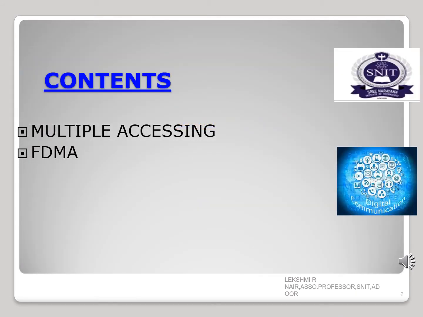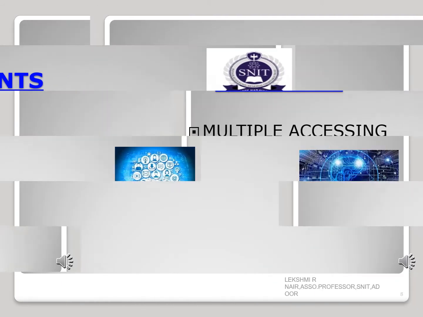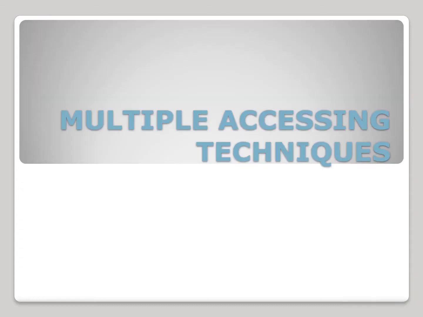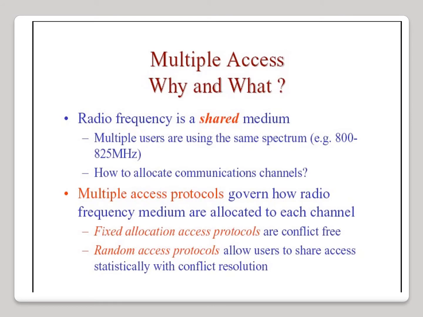So we will see the introduction to multiple accessing techniques initially. Previously we studied different types of digital communication systems in the previous module. So here we will see multiple accessing techniques. What is meant by multiple accessing techniques? The radio frequency that is used by the user is a shared medium.